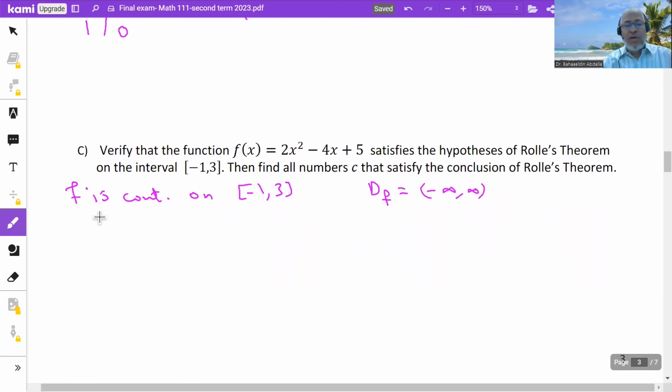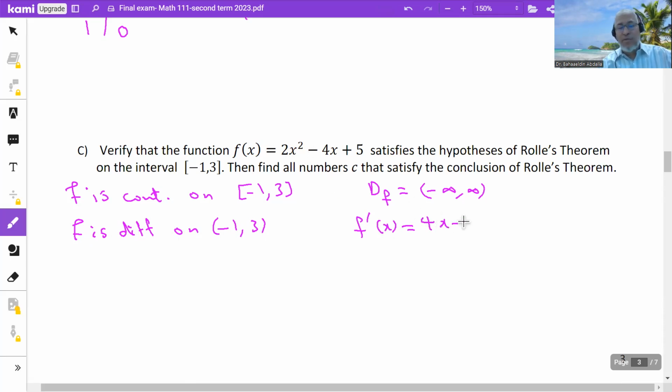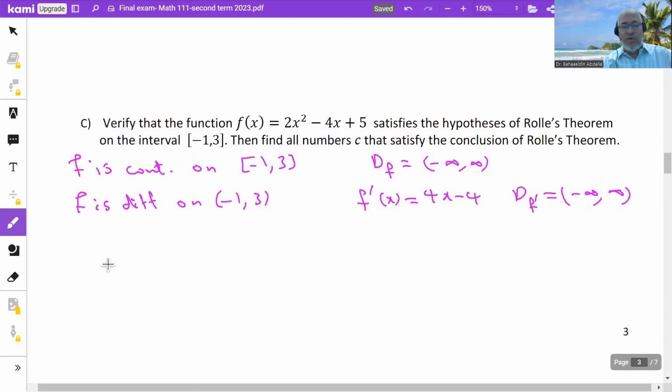Also, we need to check that f prime exists. So f is differentiable, f prime exists on the interval from -1 to 3 open, because f prime is 4x minus 4, and the domain of f prime is also all real numbers. So f is differentiable from -1 to 3.